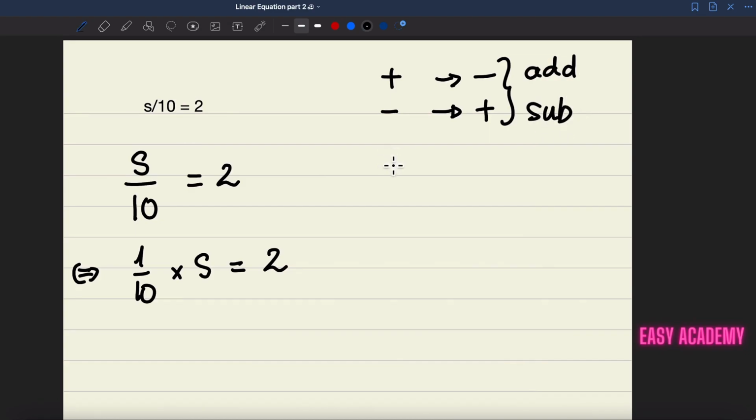When it comes to division and multiplication, it is something different. If it involves division, it will turn into multiplication, and if it's multiplication, it will turn into division.